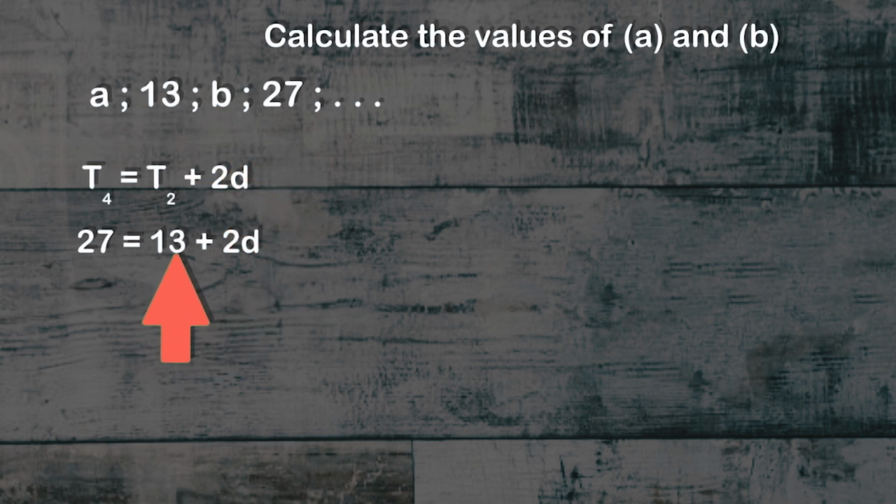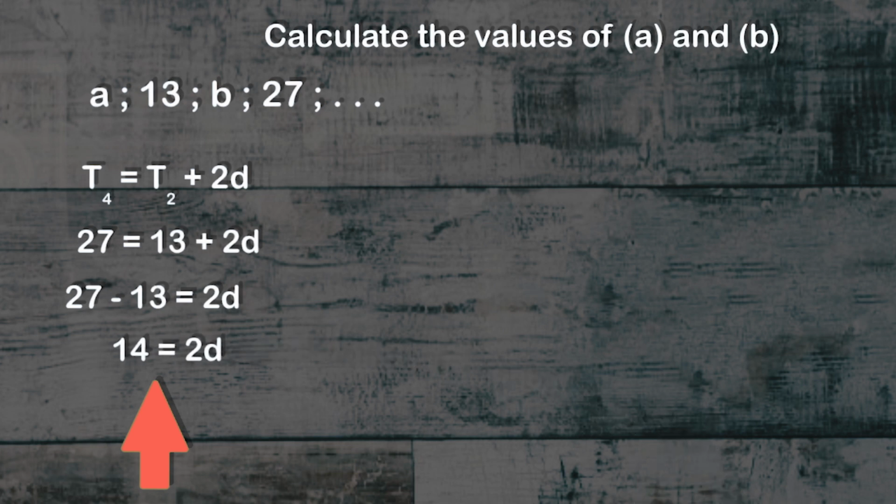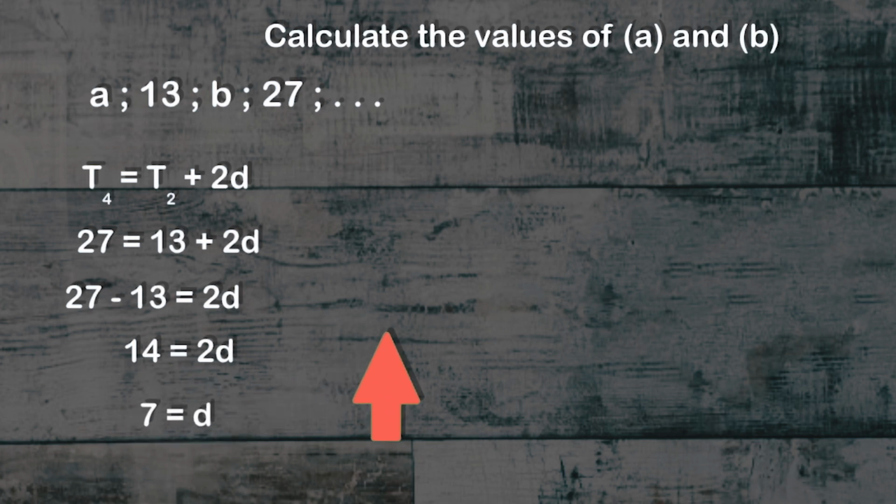Then we take this constant to the other side, because that's the way we calculate equations. And then it looks like this. 27 minus 13 equals 2 constant differences. That gives us 14 equals 2 constant differences. And if we take this 14 divided by the coefficient, we get an answer of 7. So our first constant difference has a value of 7.